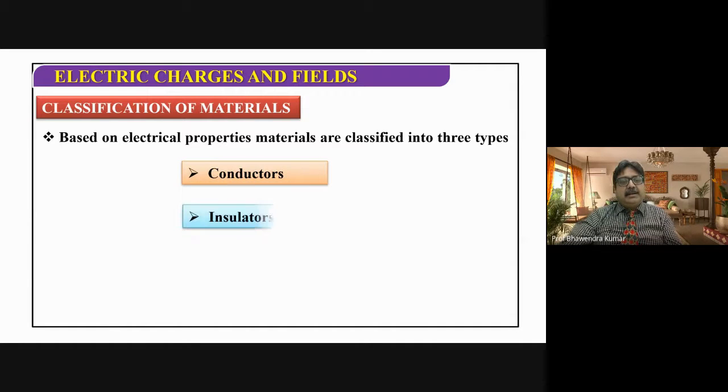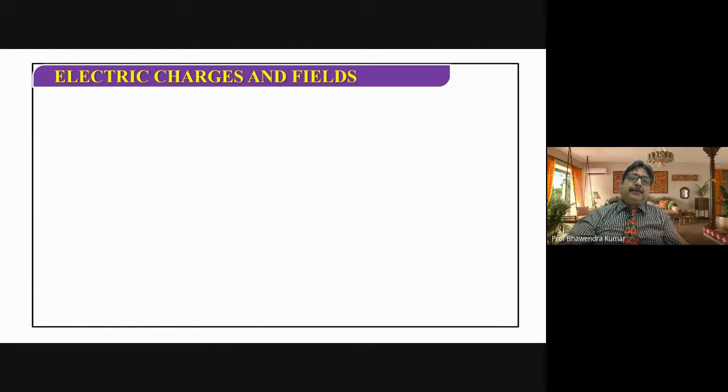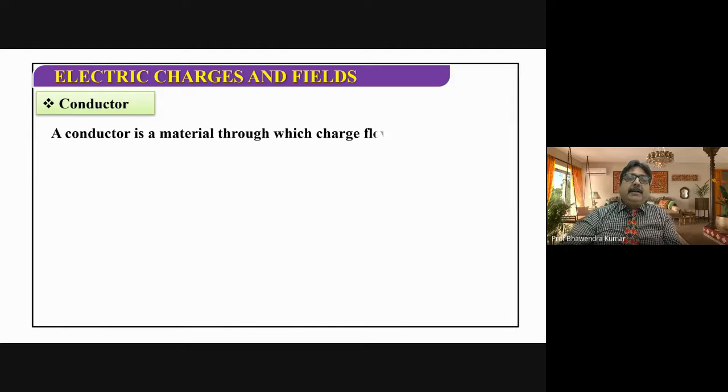Now the materials, on the basis of their electrical property, are classified into three types. They are conductors, insulators, and semiconductors. Now, in the case of a conductor, this is the material through which the charges can flow easily. Why are the charges able to flow? Because it holds free electrons. Free electrons means what?